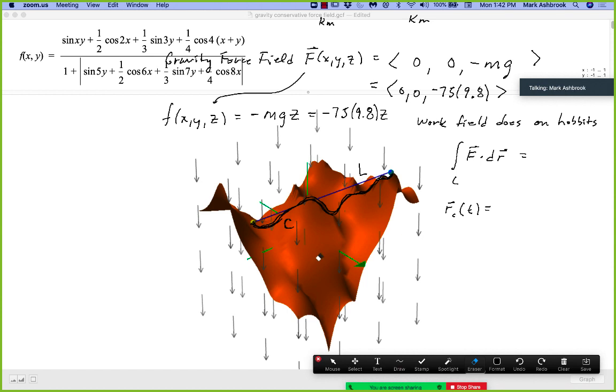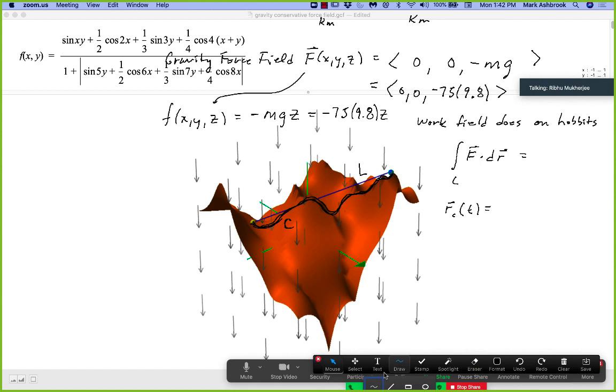Does the bluish purple line show up? Yeah, we can see it. Okay, cool.